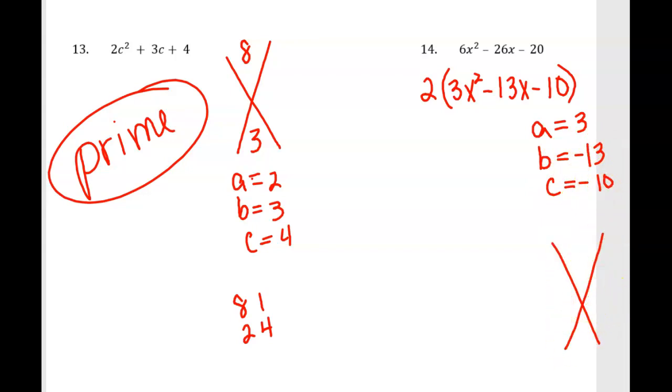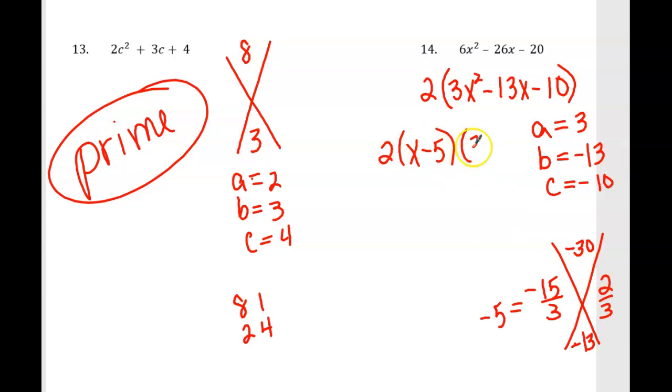When I multiply, I get a times c is negative 30 with a negative 13 down at the bottom there. The two numbers I can multiply would be negative 15 and 2. I divide by my leading coefficient, which is 3, and I simplify. So my factors are going to be 2 times x minus 5, and then the 2/3 would become 3x plus 2. And there it is.